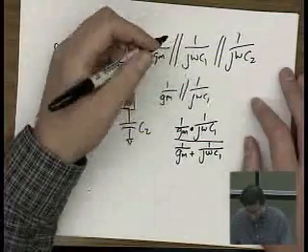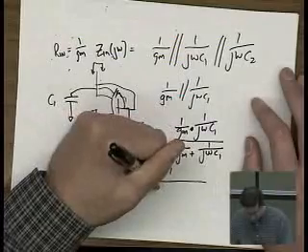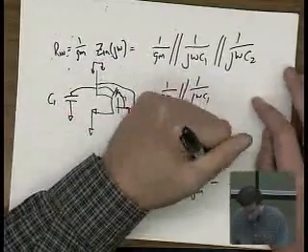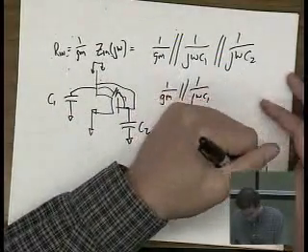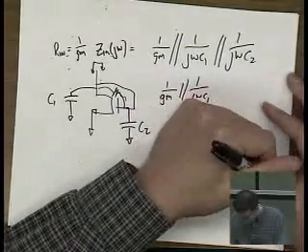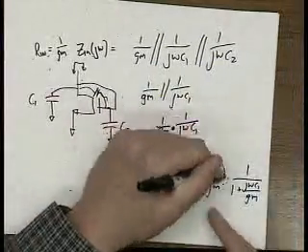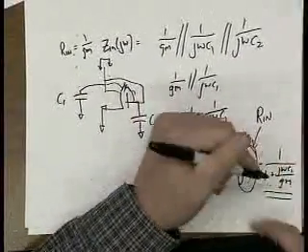So multiply top and bottom by GM j omega C1, and you get 1 over j omega C1 plus GM, which is now equal to 1 over GM times 1 over 1 plus j omega C1 over GM. Okay. So now what you get is the DC resistance, this is Rin, times a pole.